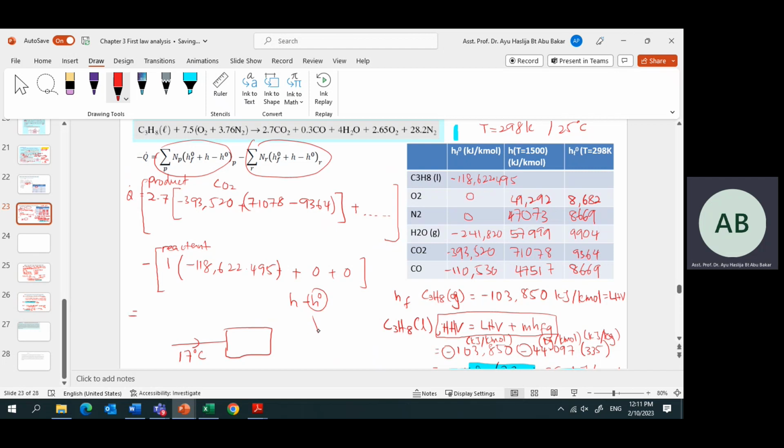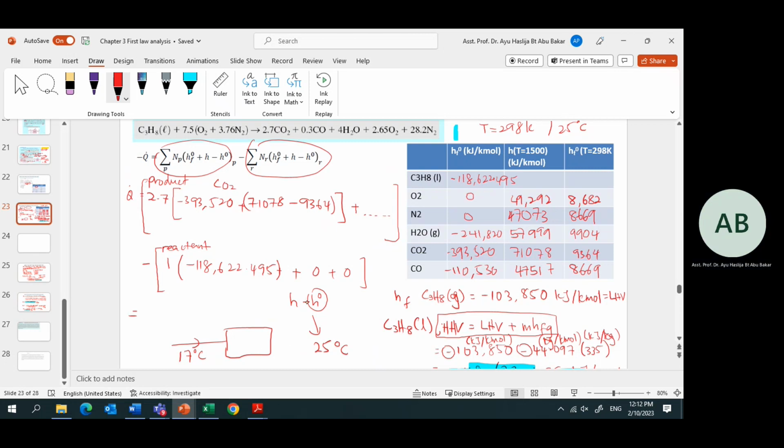Heat at reference most of the time will be 25 degrees C. So that's why in the next chapter, there are examples with inlet at a different temperature from reference. That's why I asked you to bring the properties table in the next class. We will move into more calculation using the properties table, where you have the adiabatic flame temperature, with different temperatures for the inlet and different temperatures for the outlet.